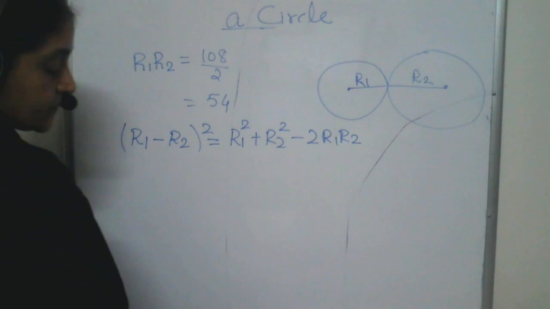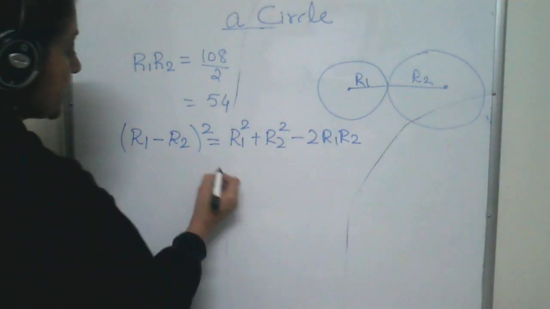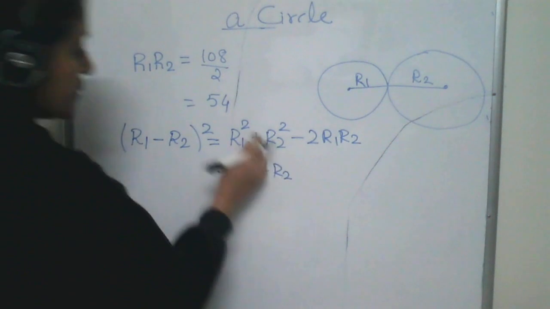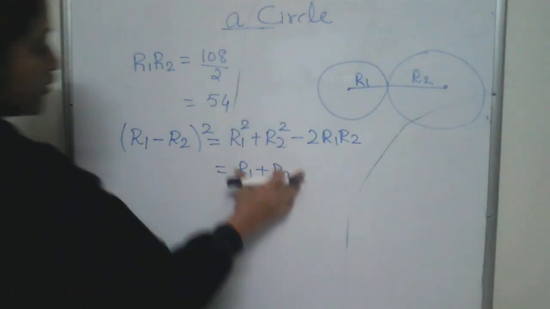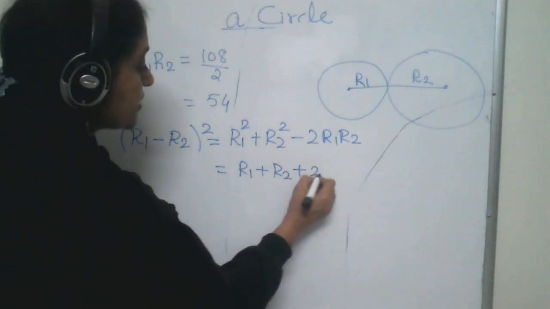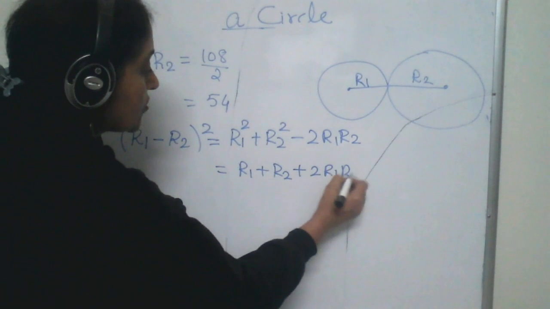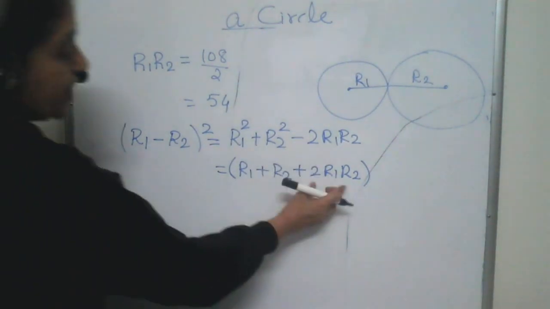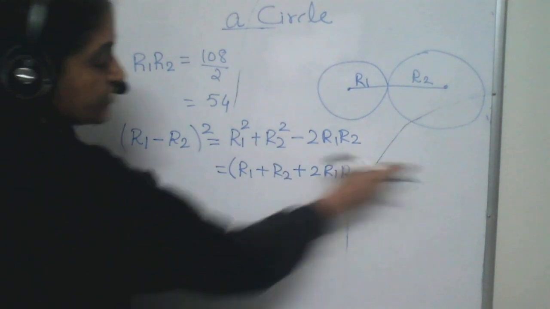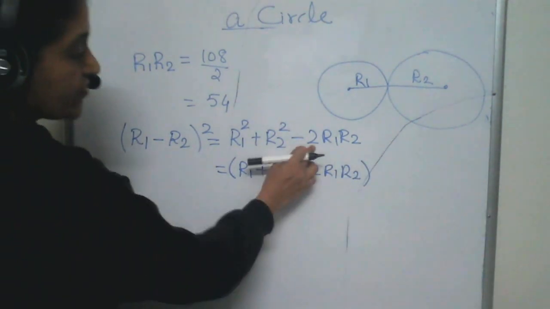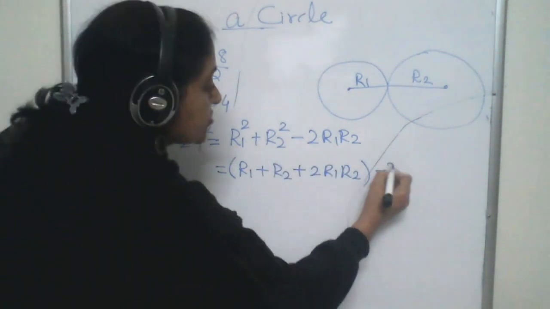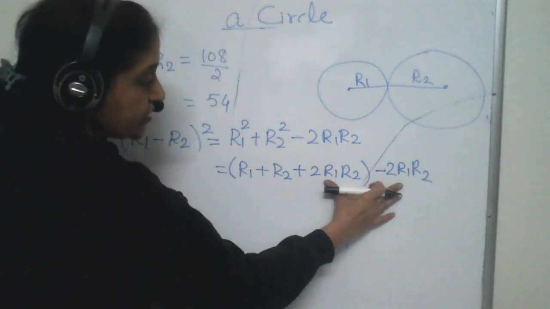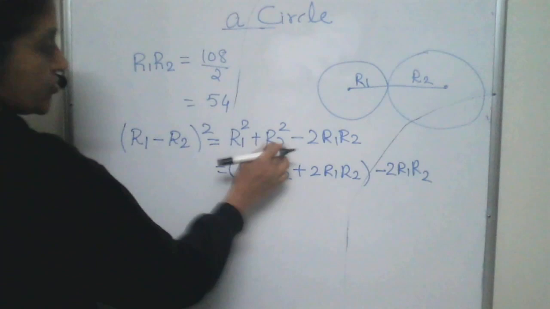Now here, if I write r1 plus r2, if at all it has to be a positive bracket raised to square, I should have plus 2r1 r2. Hold on, don't come to a conclusion. If I have introduced this, the same should be subtracted also. So 2r1 r2 is a compensation for this.